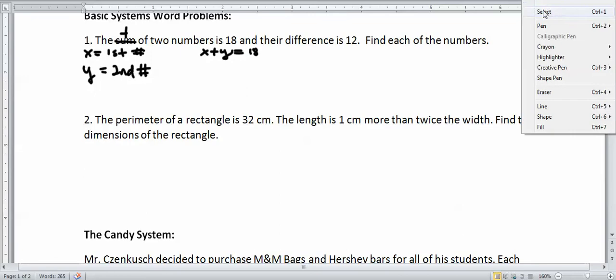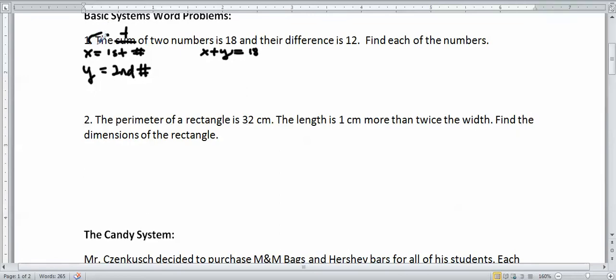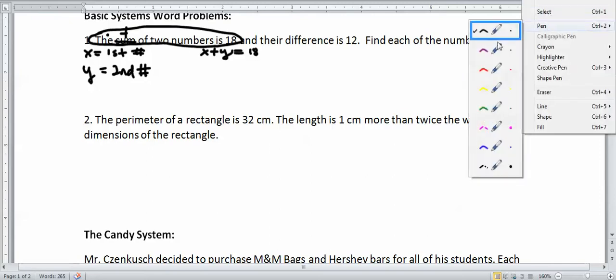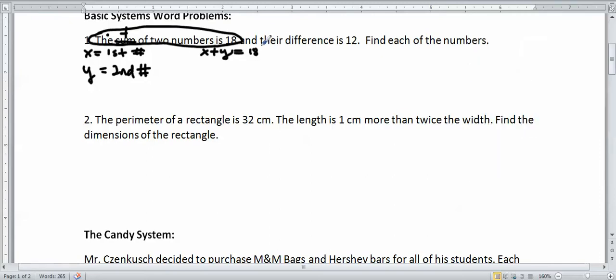The second part of that statement says that the difference is 12. So if I take those two numbers and subtract them, because difference is subtraction, I'm going to get 12. Now I have a system of equations with two variables.